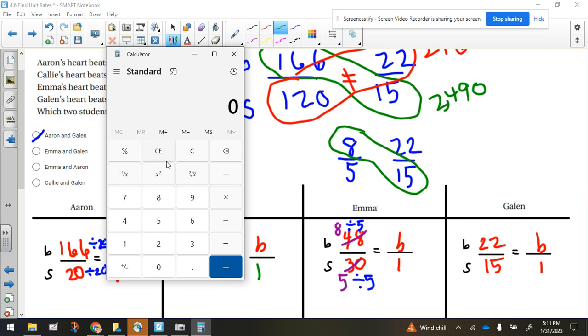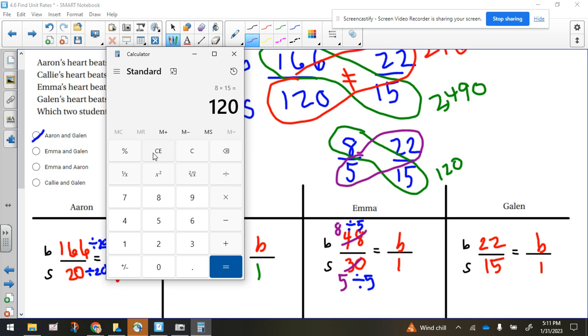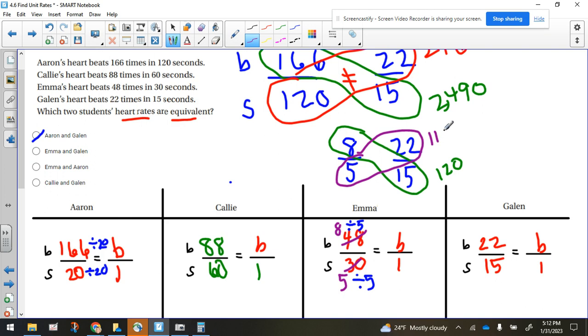That wouldn't be horrible if you didn't have a calculator, but we get 120 using the calculator. You want to compare that to 5 times 22, and we get this number. Because these two numbers don't match, the ratios are not equal. So that's a no. Cross it off the list.